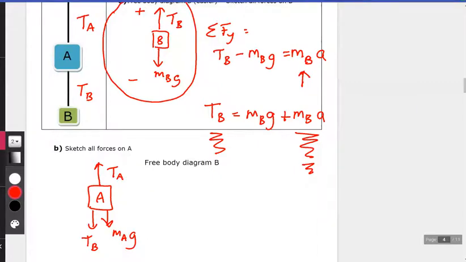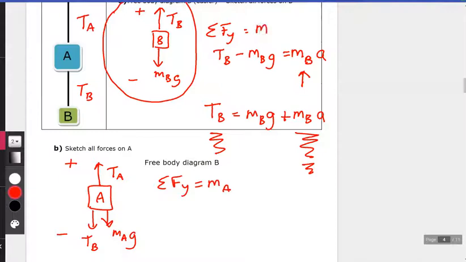There's two that are visible, the tension TA up, TB down, and these three forces are acting on the box. Remember, we were looking at this with tunnel vision. These three forces are accelerating what? They are accelerating only A. So, positive is accelerating up. The sum of the forces in the y direction equals MA.